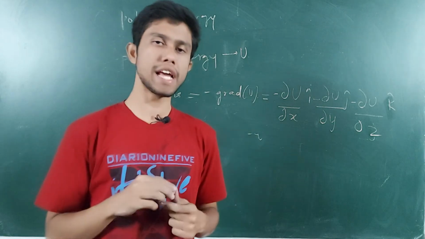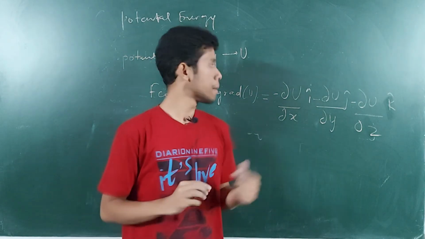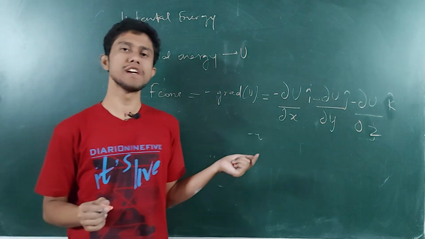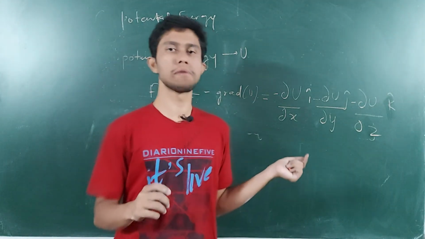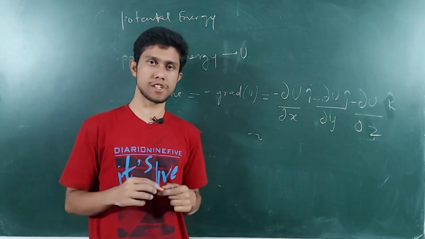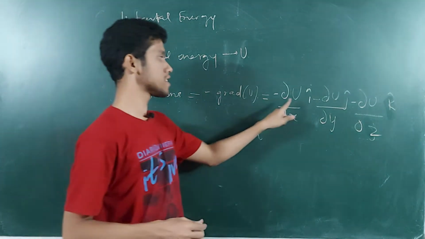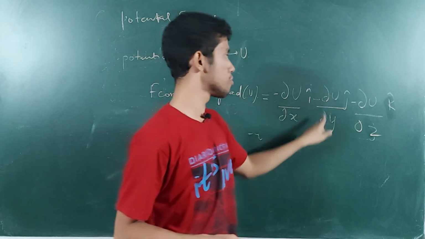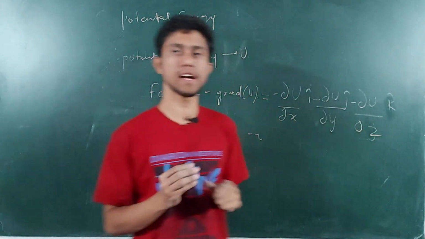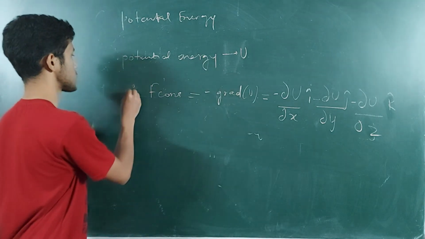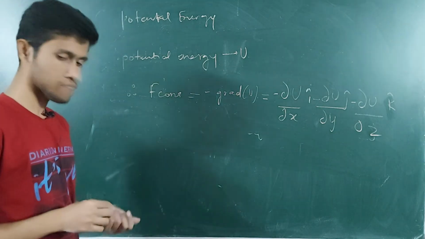They were the complete derivatives or the full derivatives. But here you can see ∂U/∂x. This ∂ is a partial derivative, and you will know how to solve the problems when there is a partial derivative further. So for now you can understand that the conservative force is minus ∂U/∂x i cap minus ∂U/∂y j cap minus ∂U/∂z k cap. This is the most important expression which you have to remember.